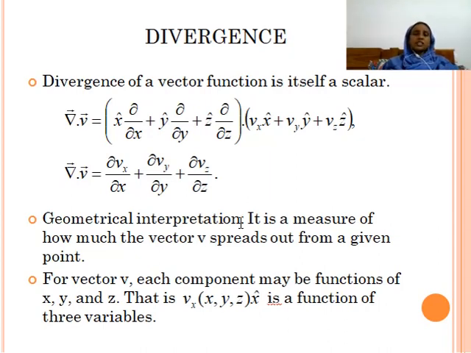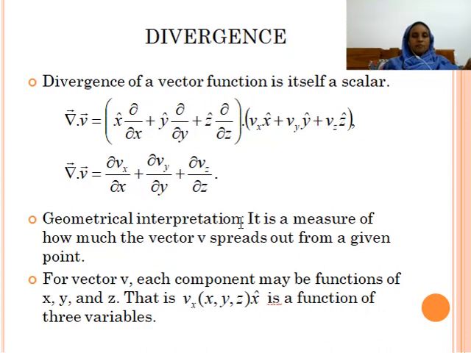Now, what is its geometrical meaning? Actually, divergence is a measure of how much the vector spreads out from a given point. So geometrically, divergence measures how much a vector spreads out from a given point. How much it spreads out, it is called divergence.